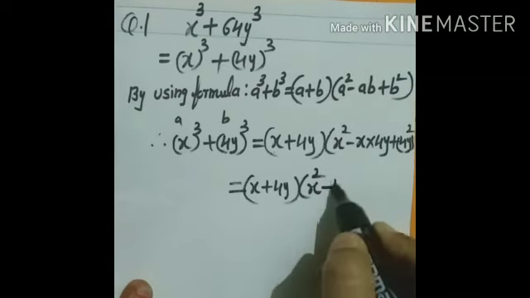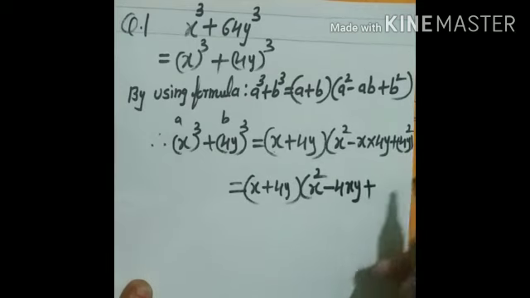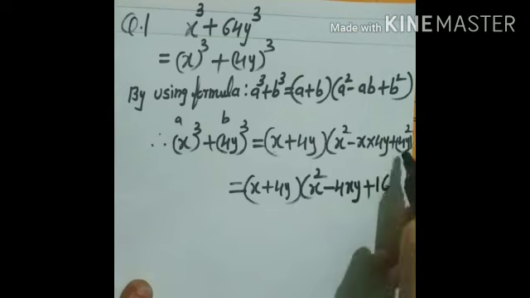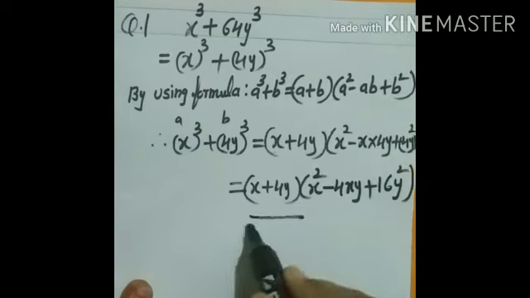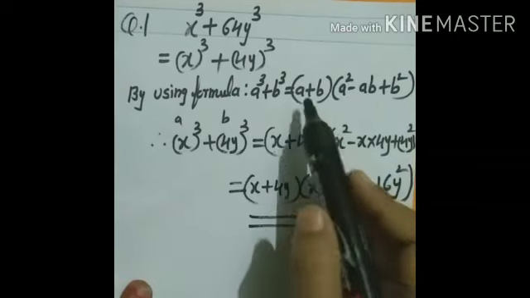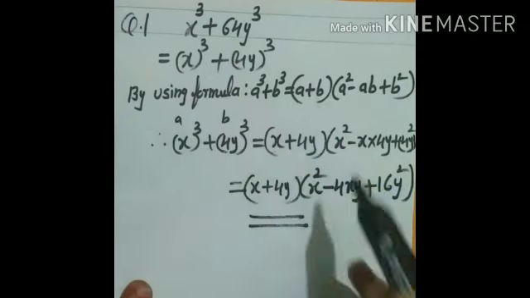So, what we get, children? 4xy plus 4 square is what, children? 16 and y square is y square, close the bracket. This is the answer, children. Okay. By using the formula, children, this formula, we have to find the factors of this expression.